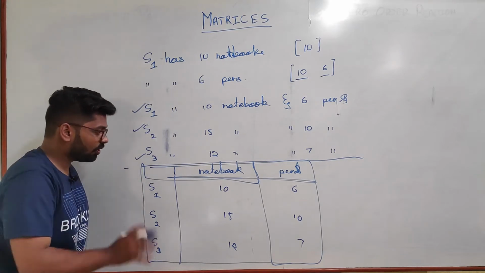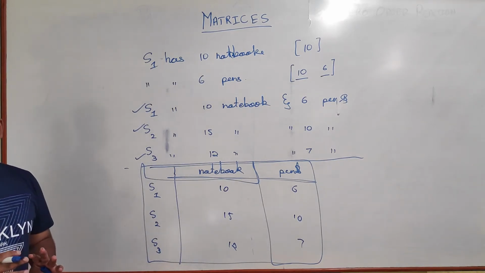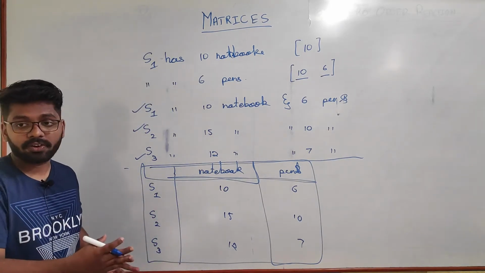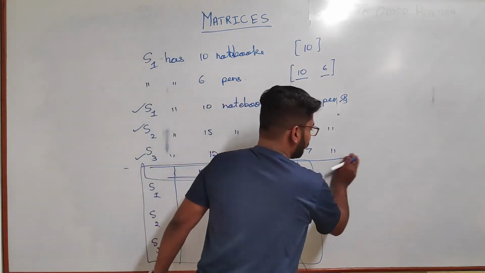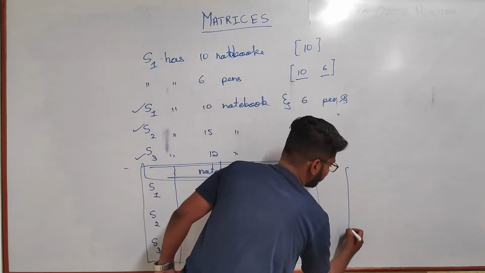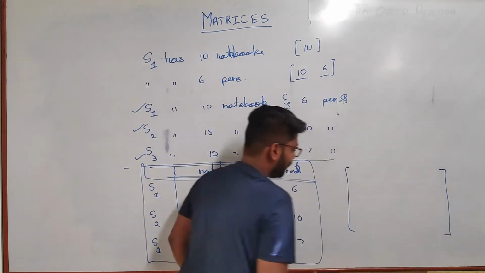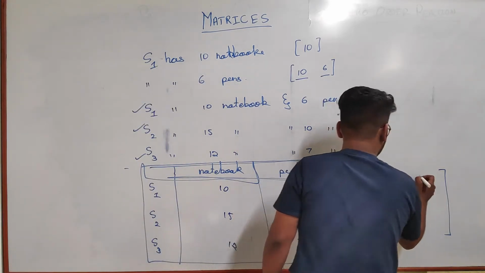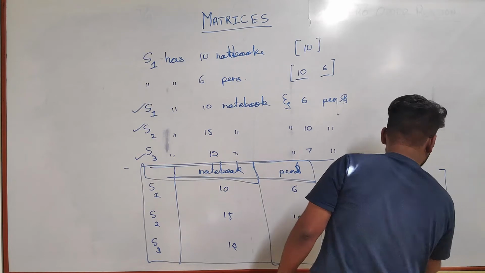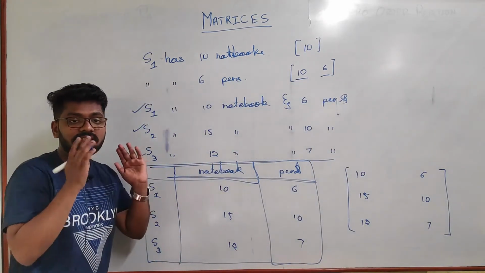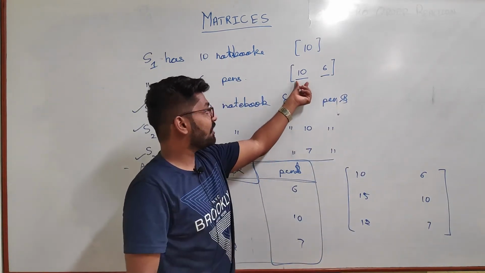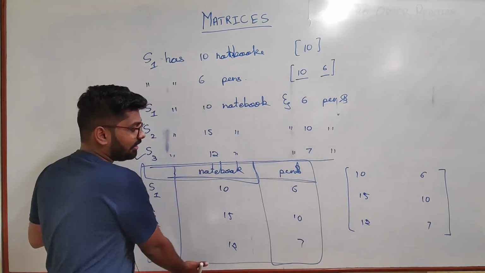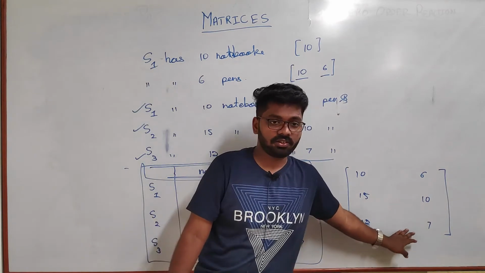Though at this point I'll introduce one new thing: I'll make a square bracket and denote 10, 15, 12, 6, 10, 7. This should mean the first column is notebooks, the second column is pens. So instead of writing this table, I reduced it to this.